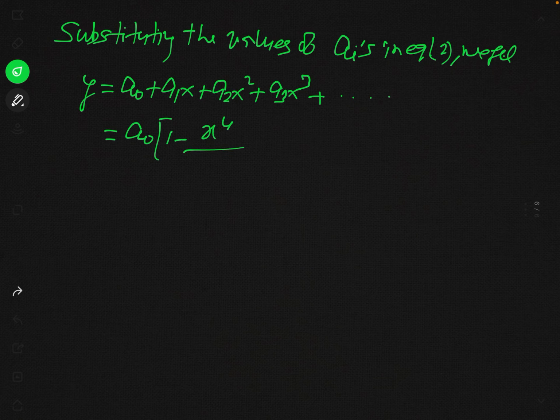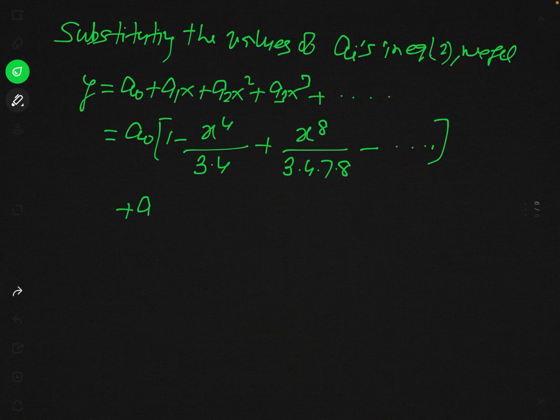If you substitute these values, you will find that this is A0 into 1 minus x4 divided by 3 into 4 plus x8 divided by 3 into 4 into 7 into 8 minus so on.